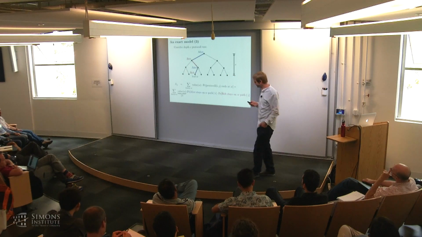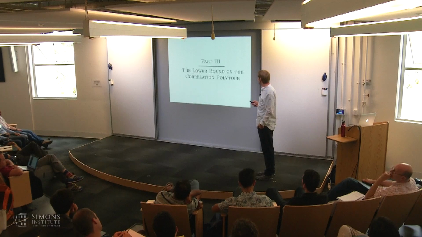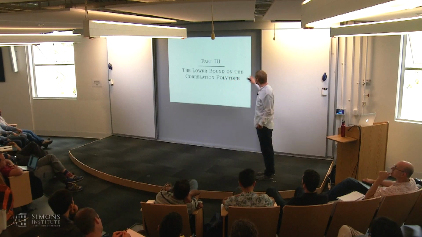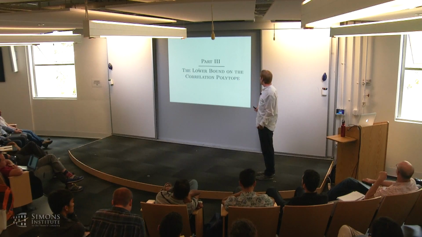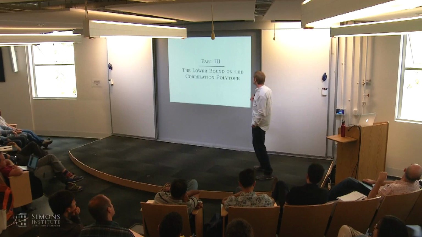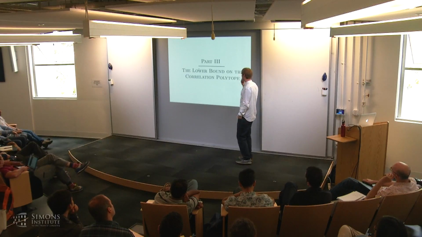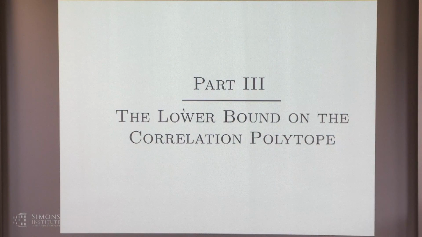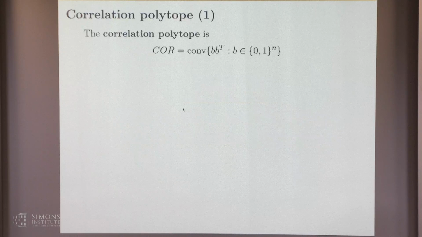Okay, good. Things were a little bit abstract, so let's get a little bit more concrete. I would love to show you essentially the first lower bound on a concrete polytope, and that was the correlation polytope. The correlation polytope is mathematically defined in a pretty simple way.